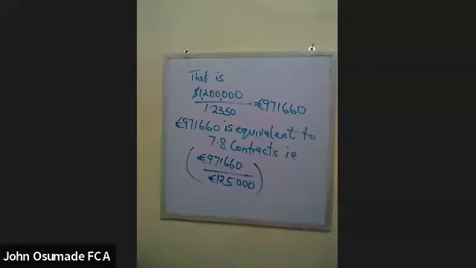So we will understand that the company cannot buy a fraction of a future. It cannot buy a fraction, 0.8 of a future. So it must buy either 7 contracts or 8 contracts.